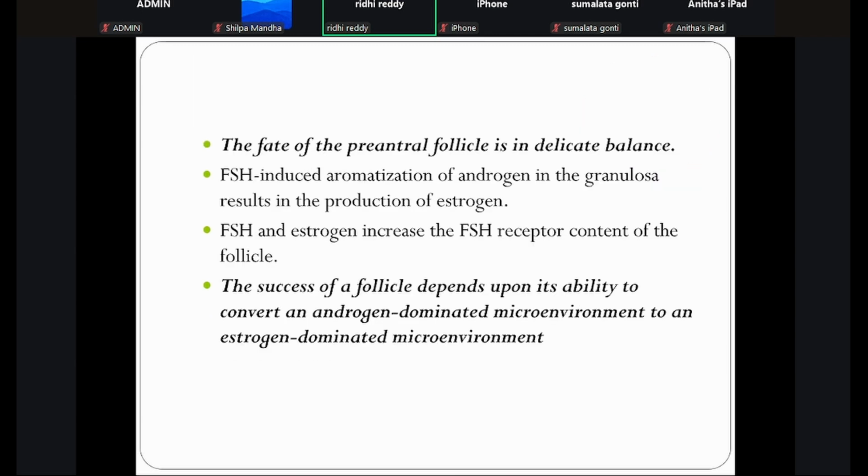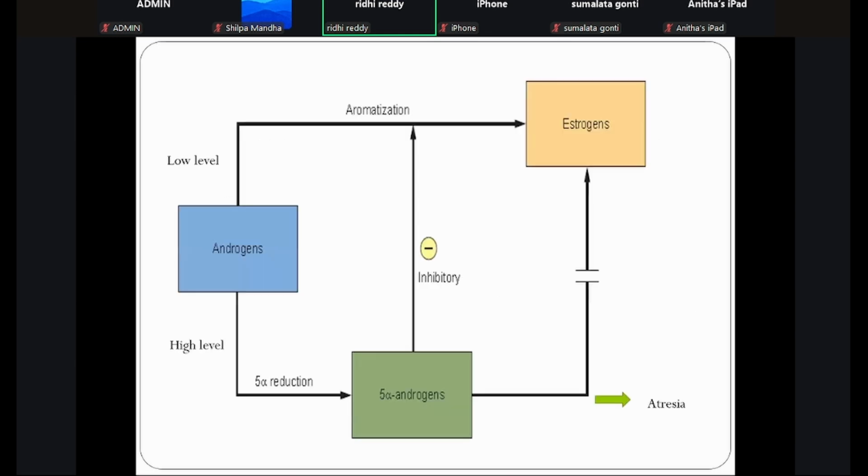The fate of these follicles is in delicate balance because of the two cell two gonadotropin theory, where FSH drives aromatization of androgens to estrogens. After estrogen production, FSH receptors increase further. The success of a follicle depends upon its ability to convert an androgen dominated microenvironment to an estrogen dominated microenvironment.